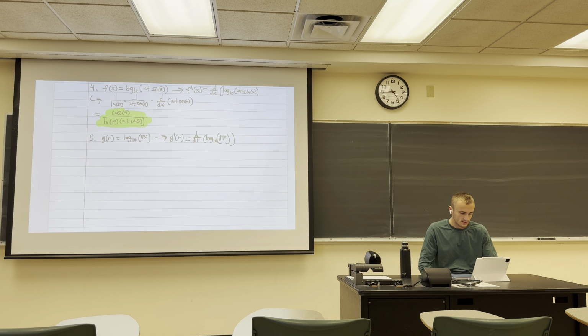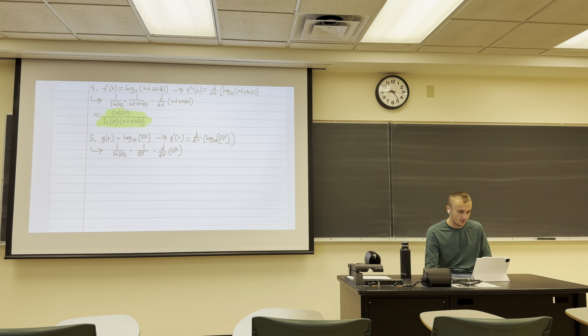Okay. So again, by the way we broke it down in the previous problem, we can rewrite that as 1 over ln of 10 times 1 over root r times d dr of root r.